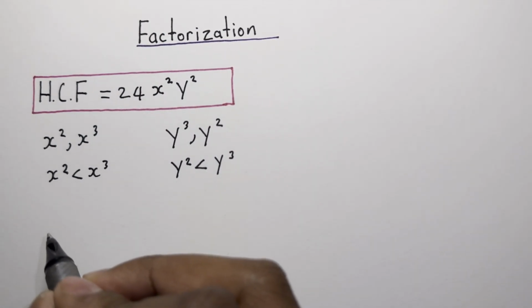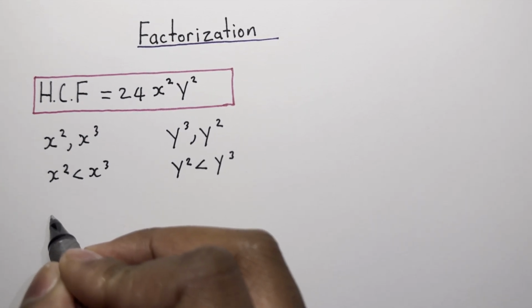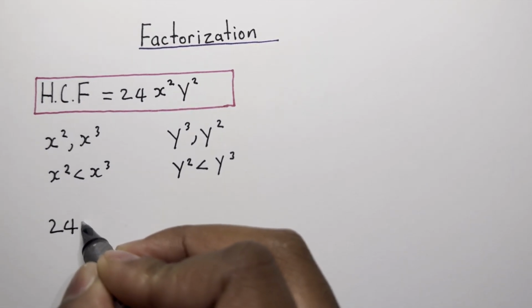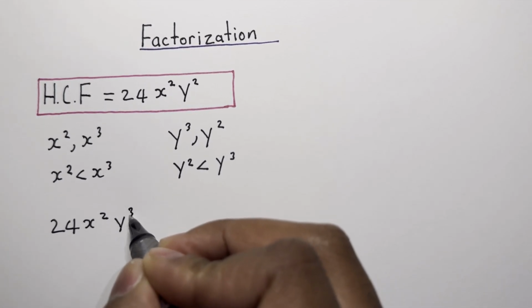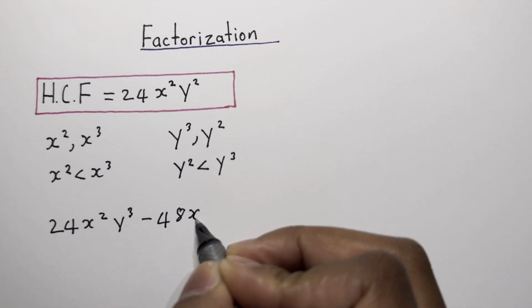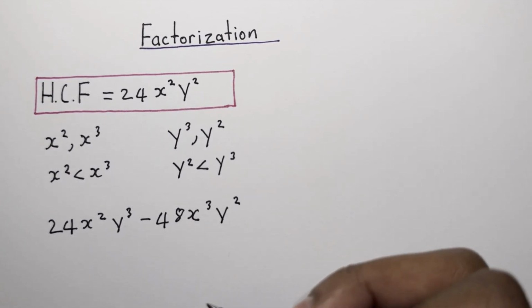Now we are going to use it to factor the expression, and our expression is 24 x squared y cubed minus 48 x cubed y squared.